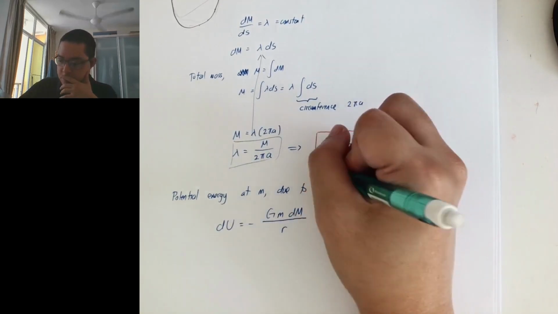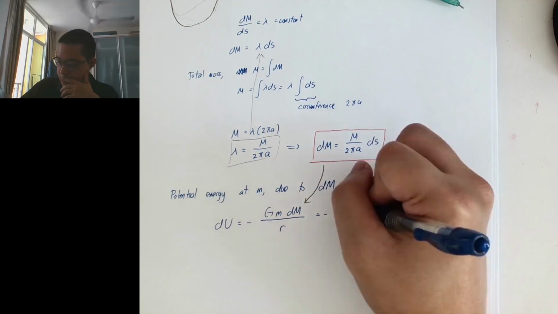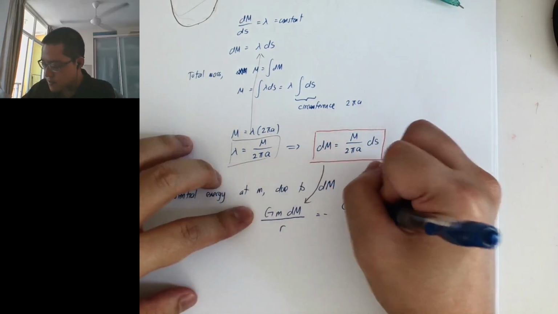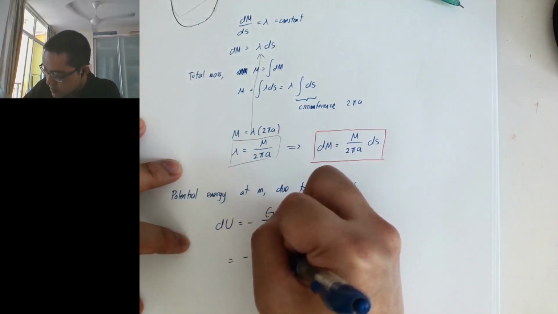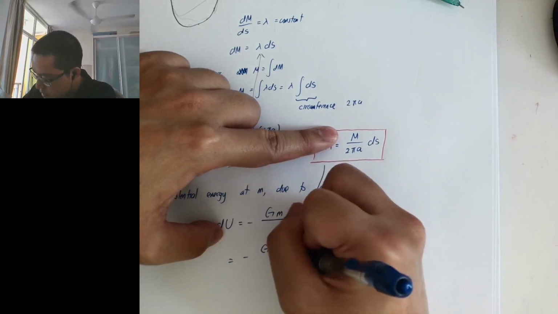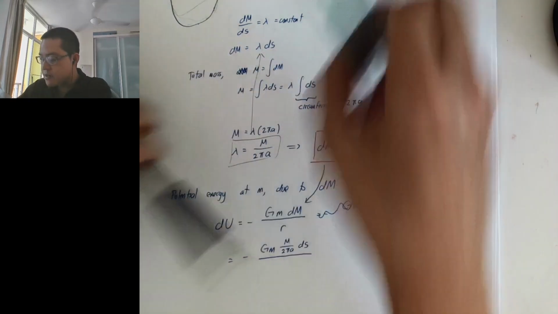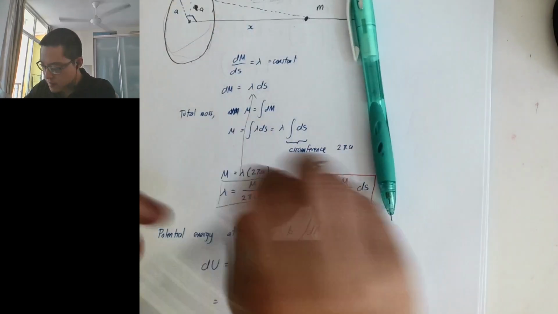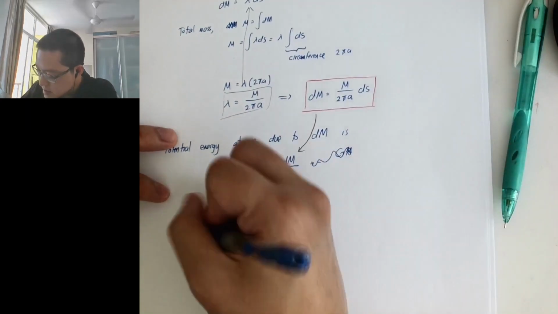Okay, so I can put this in now. G M, okay, small m, so I screwed this up, so let me do it again. So substitute dm as m over 2 pi a ds, and then the r I say is this one, right? So it's square root of x squared plus a squared. So let me simplify this.